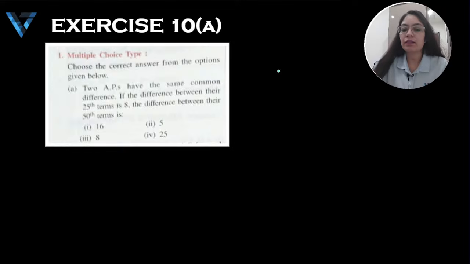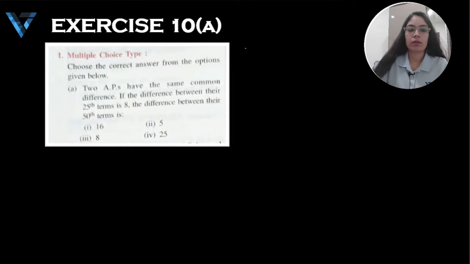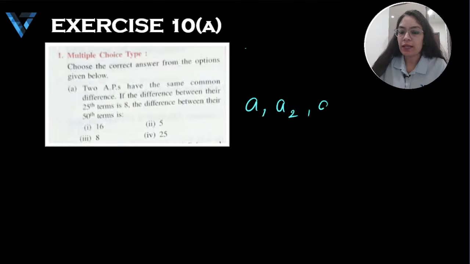So the first AP I can write as follows. Whenever we write an AP, we write the sequence as A, then A plus D, which is the second term, then the third term A plus 2D, or we can write A2, A3, then A4.